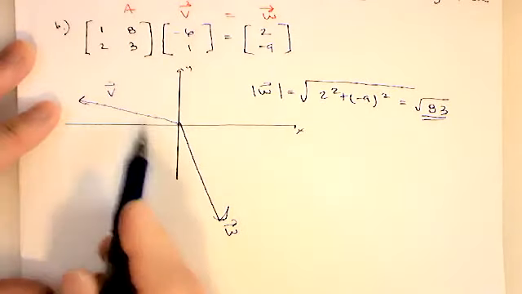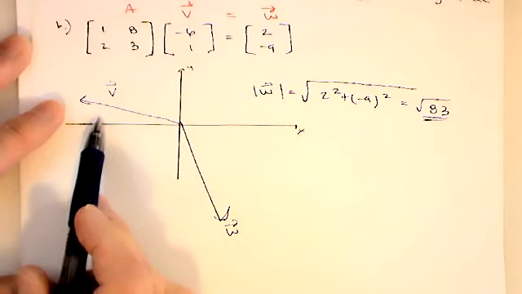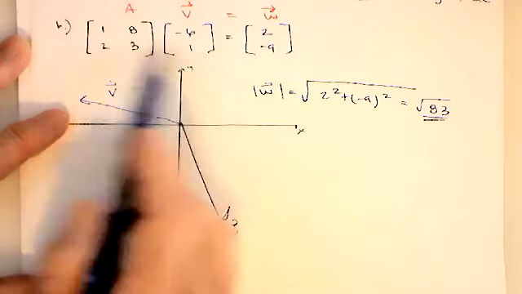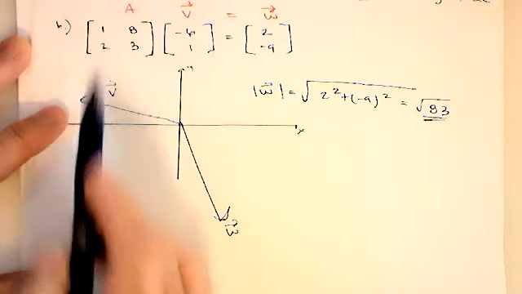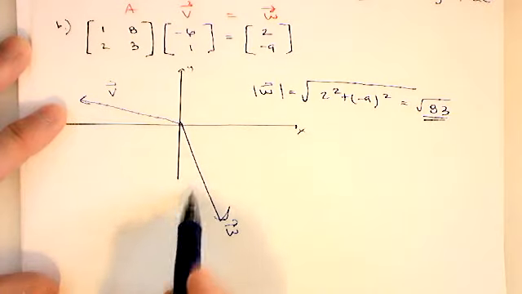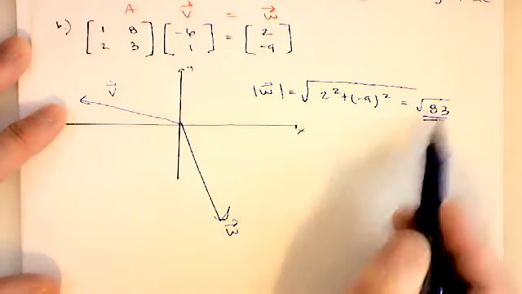So what happens more generally is if you take a vector and multiply it by a 2 by 2 matrix, it's probably going to rotate the vector in a certain way and change the magnitude, which is what happened here.